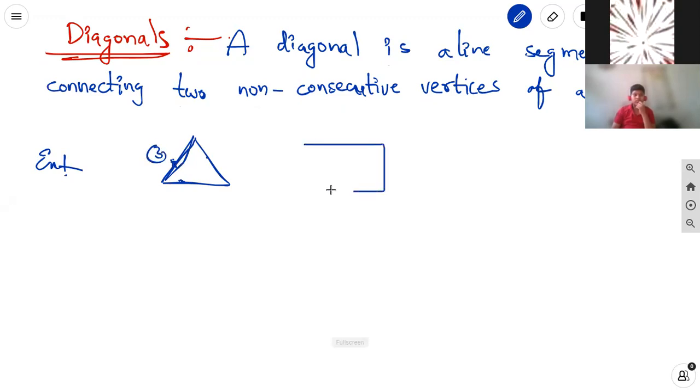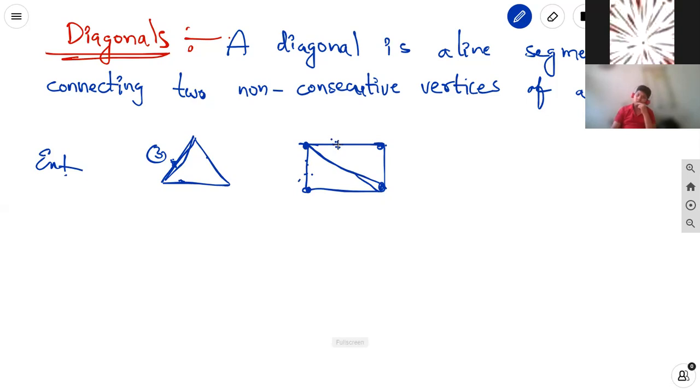But if we take the quadrilateral, these two are consecutive vertices, meaning consecutive sides. If we draw to the non-consecutive, this is a non-consecutive. For this vertex, these two are consecutive vertices, so we cannot draw from this vertex to this vertex.